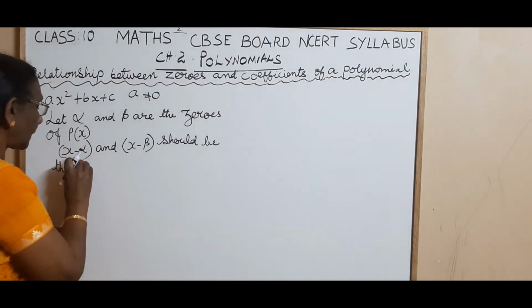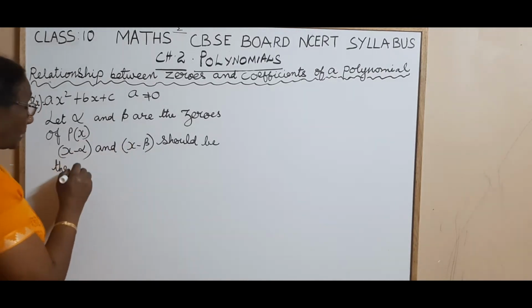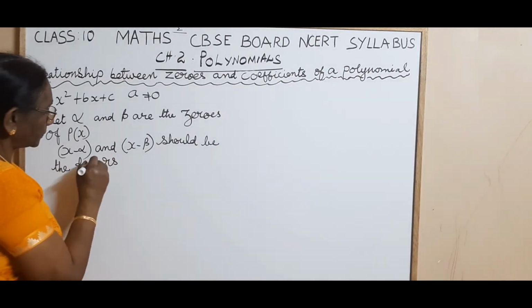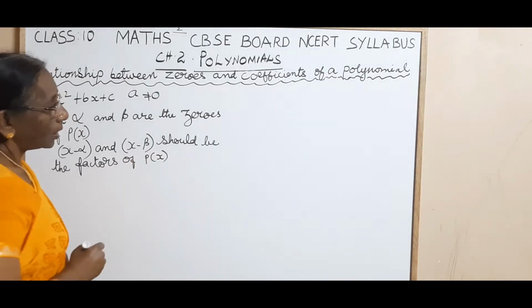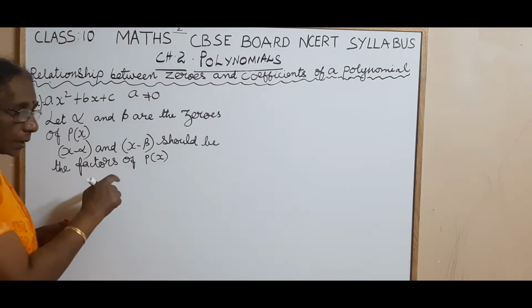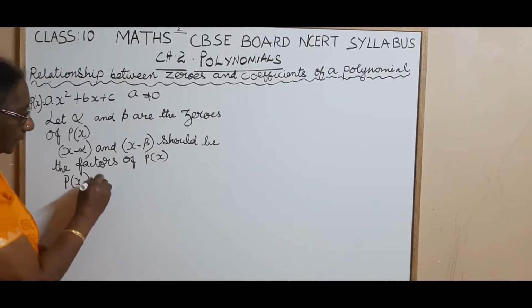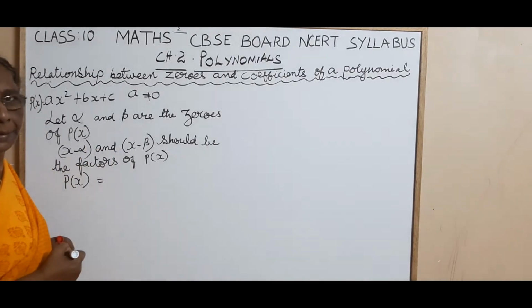These are linear factors because they are expressing a linear polynomial. If they are the factors of the polynomial p of x, then p of x should be equal to the product of these two factors.